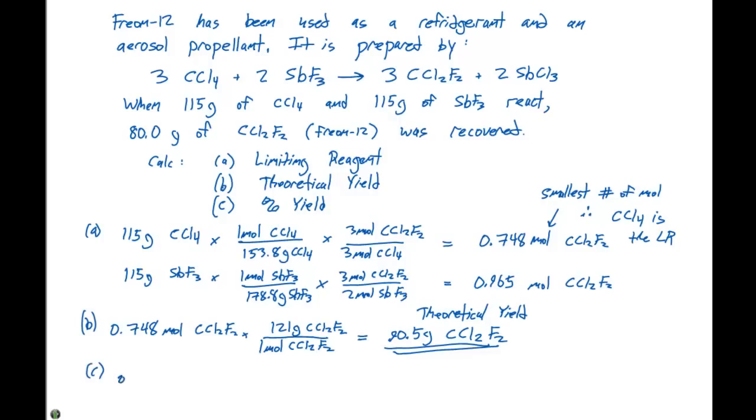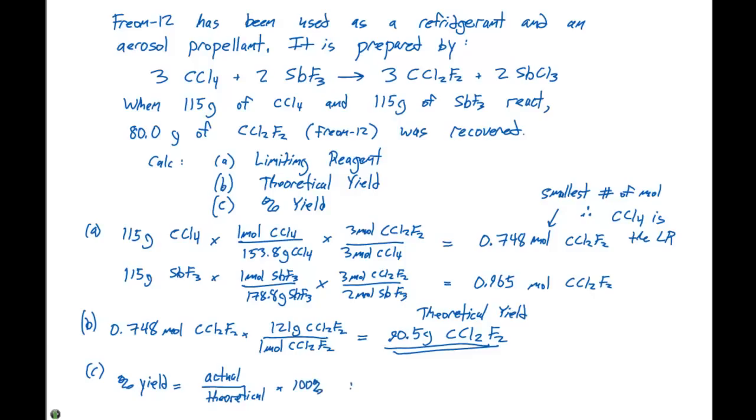Part C is to calculate the percent yield. And remember, the percent yield is going to be the actual yield divided by the theoretical times 100%.